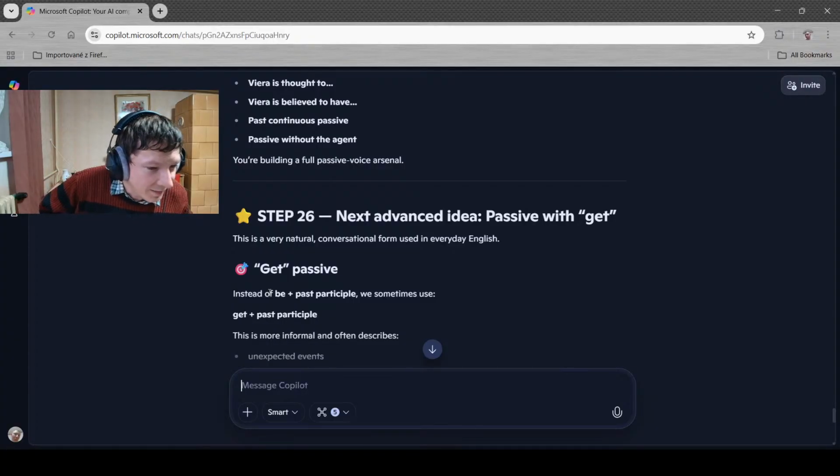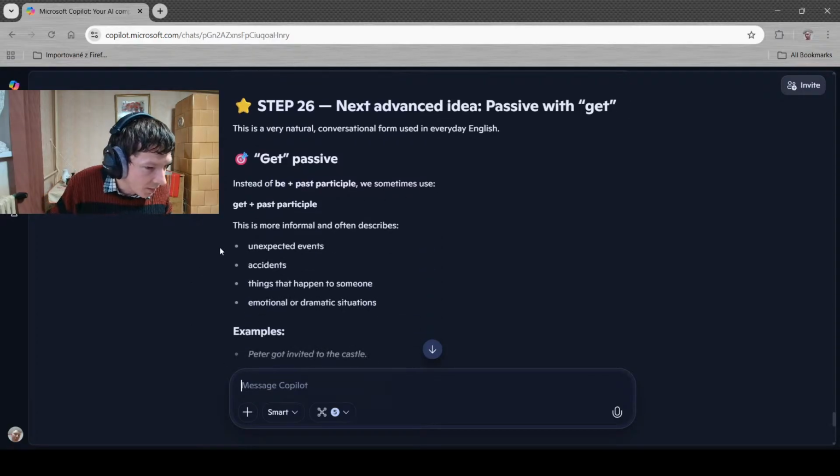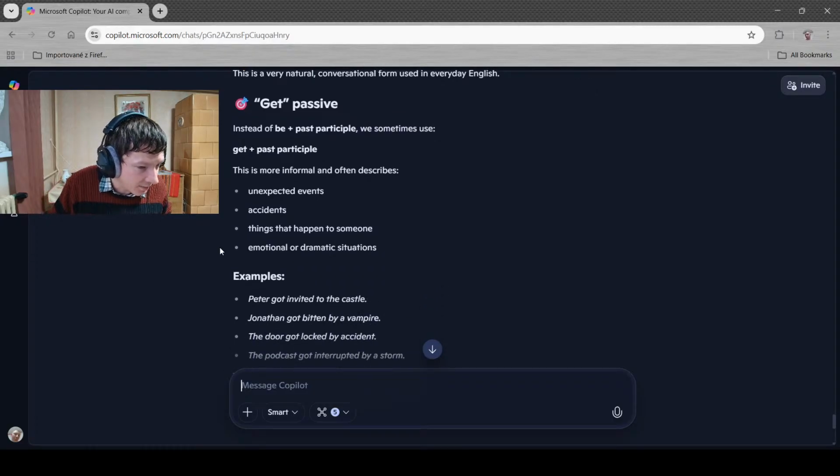Step 26, the next advanced idea: passive with get. This is a very natural conversational form used in everyday English, the get passive. Instead of be plus past participle, we sometimes use get plus past participle. This is more informal and often describes unexpected events, accidents, things that happen to someone, emotional or dramatic situations.